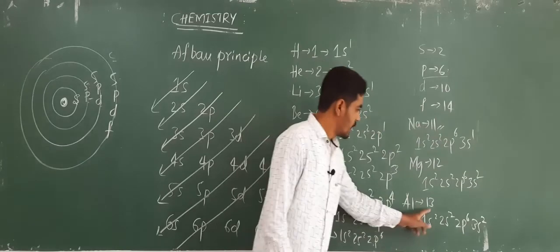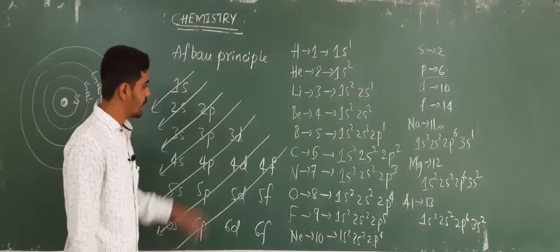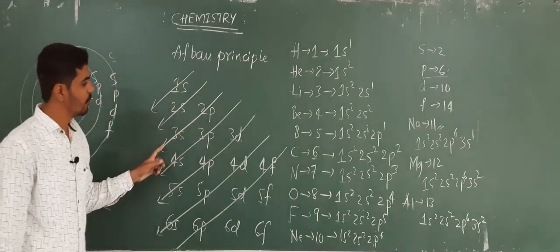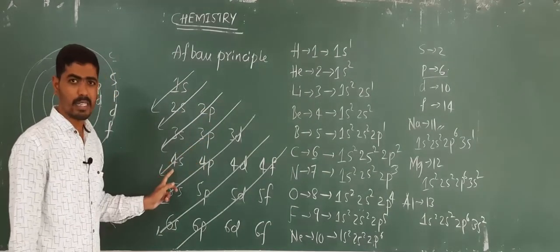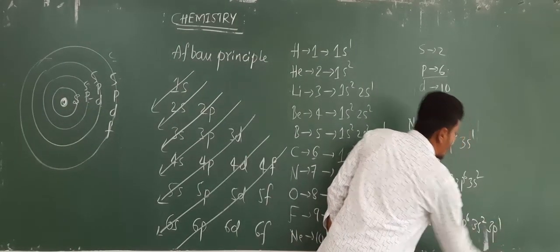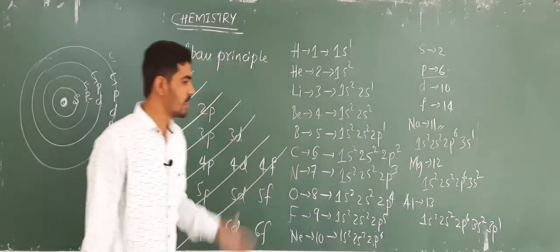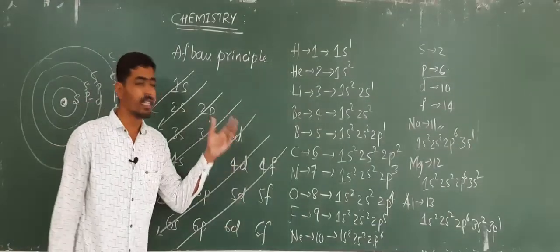Next, another one electron is there. Where does it fill up? After 3s. Where does it go? It goes to 3p. Then 4s. So 3p1. So this is how we can write the electronic configurations of the elements.